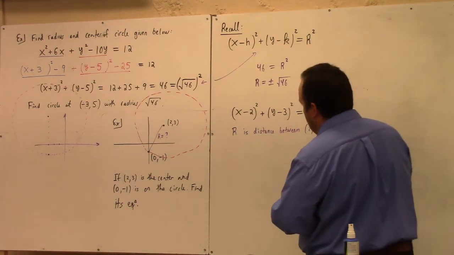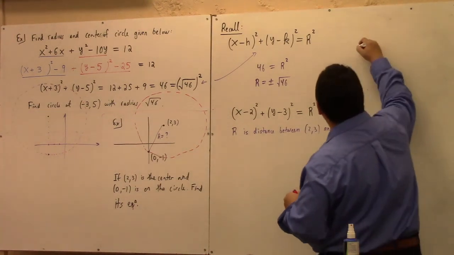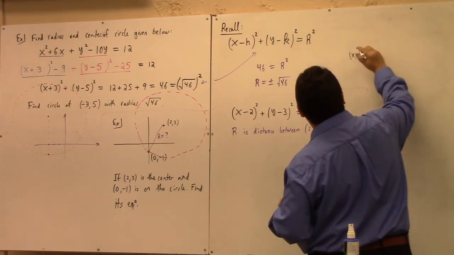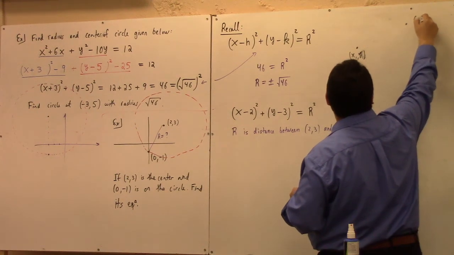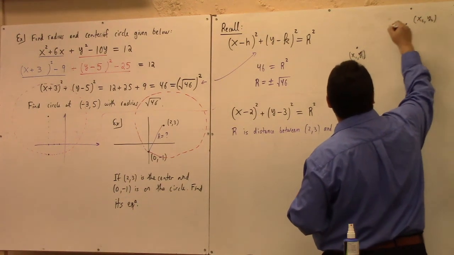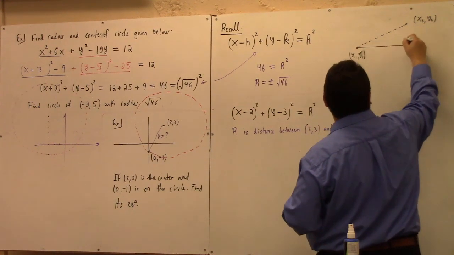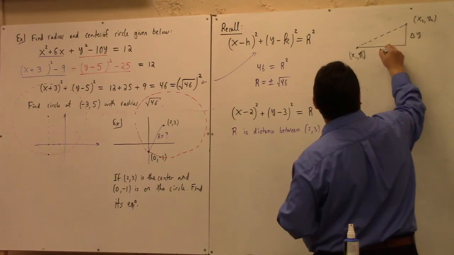I mean, you can visualize it in terms of the Pythagorean theorem, right? If this point is (x1, y1) and this point over here is (x2, y2), and you wanted to find this distance, you could visualize a triangle here, right? This side is delta y, and this one is delta x.